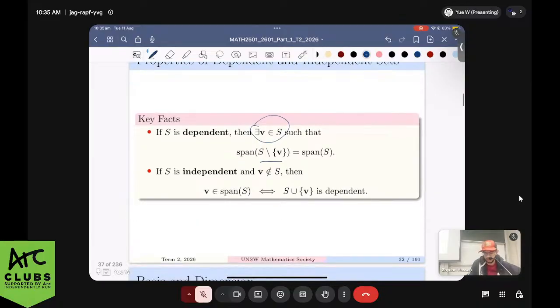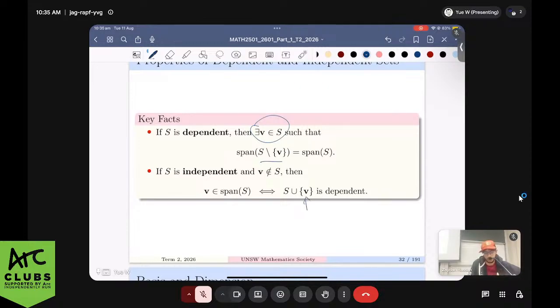And if it's independent, you have kind of the opposite. If you have a v which is not in the set but is in the span of the set, and you add it to the set, you're going to get a dependent set. Because if you add v and it's already in the span, it's a combination of the elements of S.